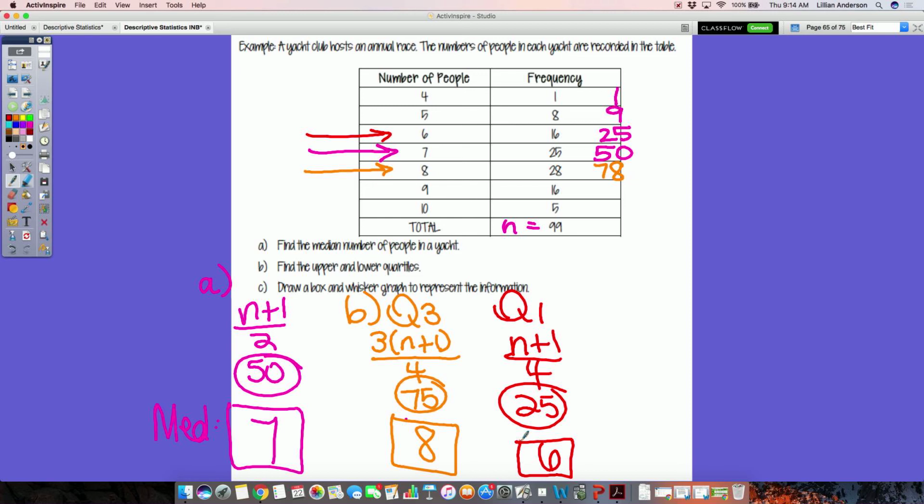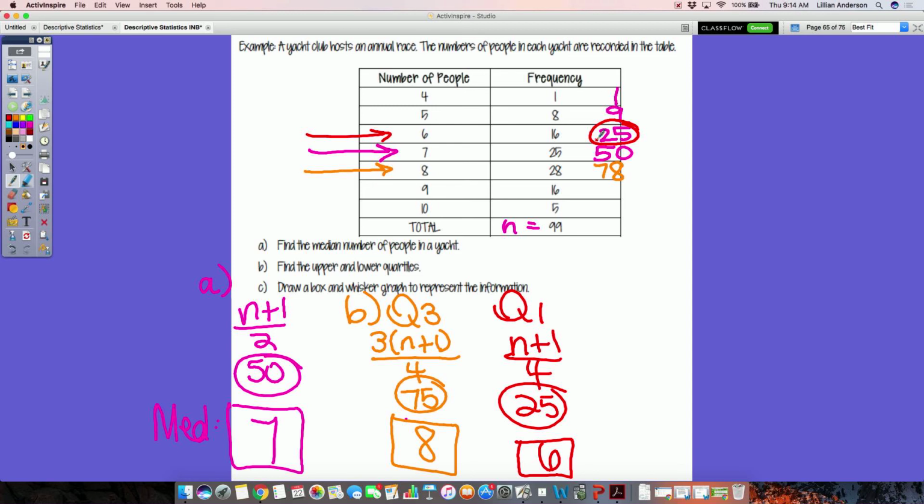Yes. Because when we plug in 99 for n, 99 plus 1 is 100, divided by 4 is 25. And so then we're basically looking for our 25th piece of data. Since our cumulative frequency is at 25 here, that means the last 6, if we were to line them up in order, would be the 25th piece of data.